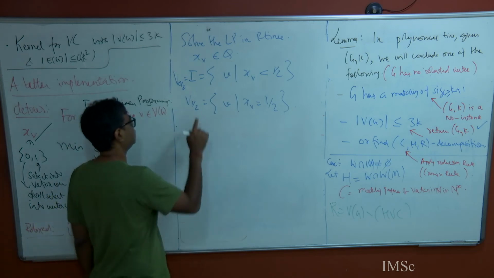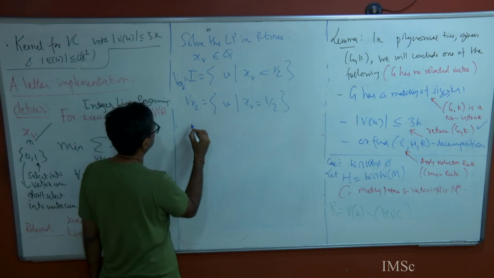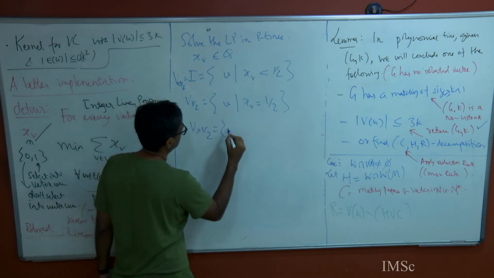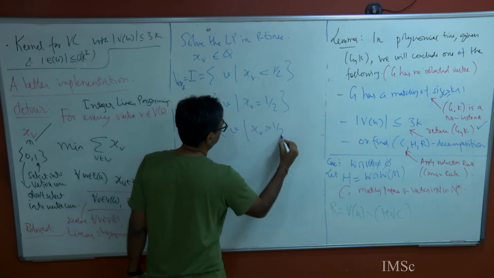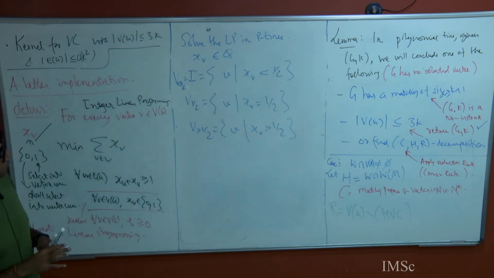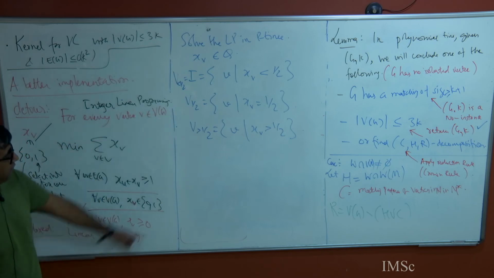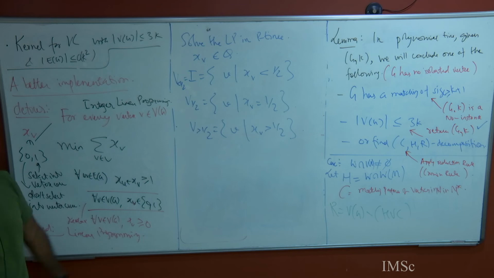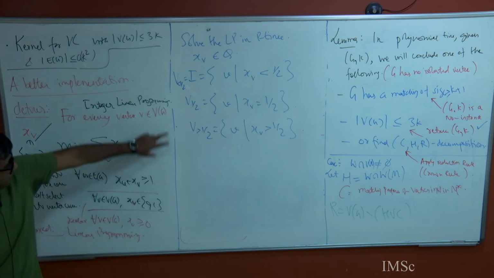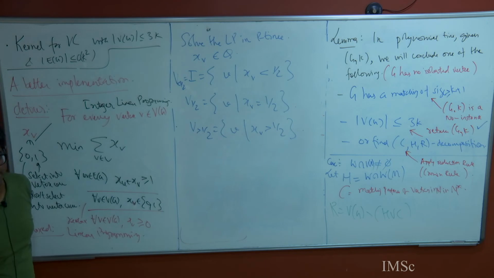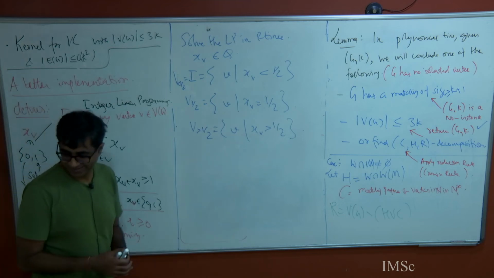Agree? Notice if I take V equal to half and V greater than half, that forms a vertex cover. What will be the size of these two, if you think for a minute? Okay, we'll get there. Think about it though.